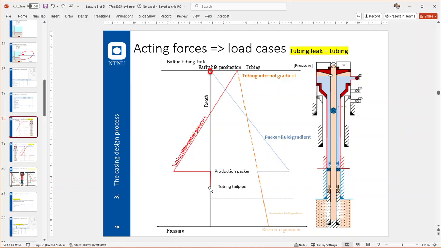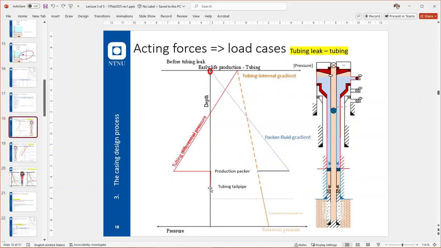Say we have 50 to 70 degrees Celsius down there as initial conditions, and we can have as much as 120 to 150 degrees depending on how deep the reservoir is. If the temperature increases by, say, 70 degrees, that means the pressure in that pocket will increase by 70 bar.